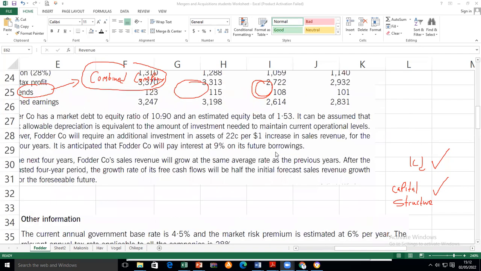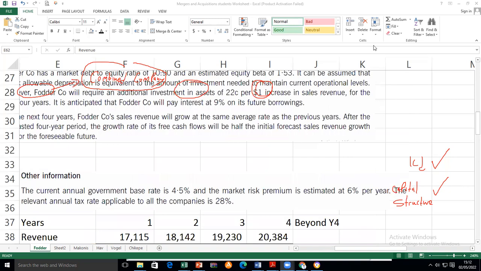Beta has been mentioned. And also, like we did last time, the risk-free rate was given. The market risk premium was also given.